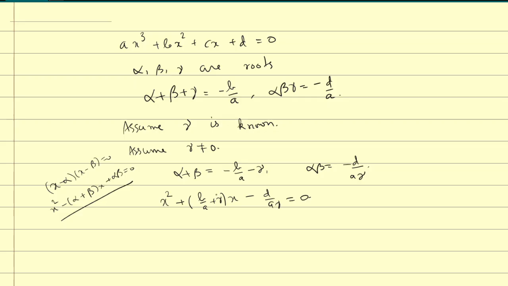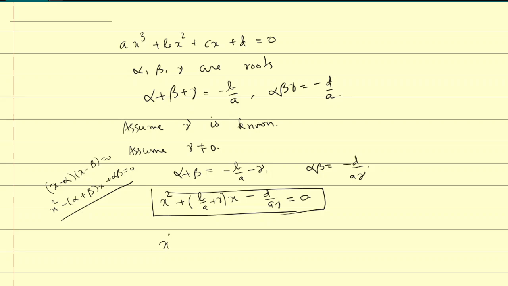So this is the quadratic. When alpha plus beta and alpha beta are known, then this is the quadratic whose roots are alpha, beta. So if we solve this equation for x, then we will get the corresponding alpha and beta. So it is a very easy process. There is no long division coming into the picture.